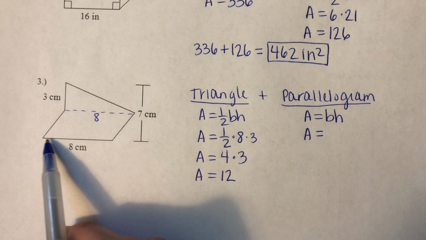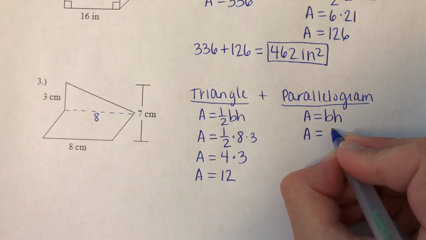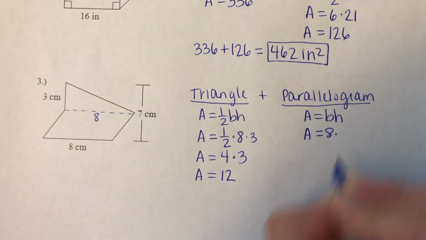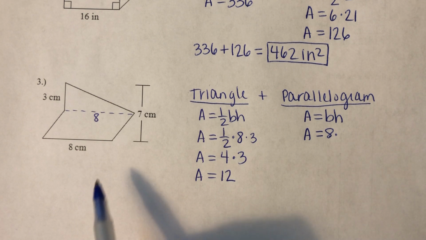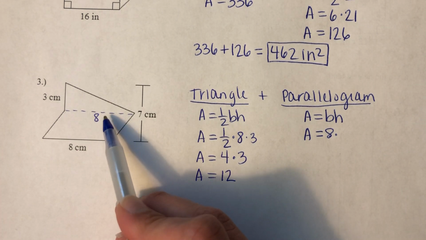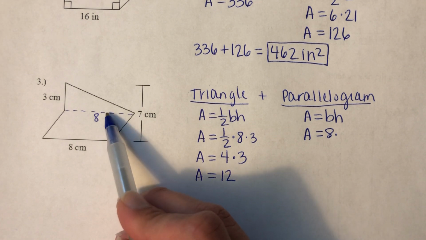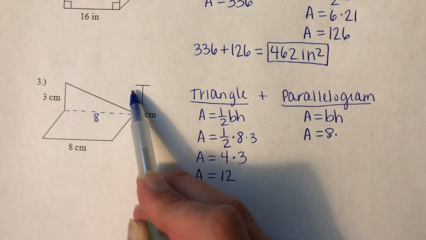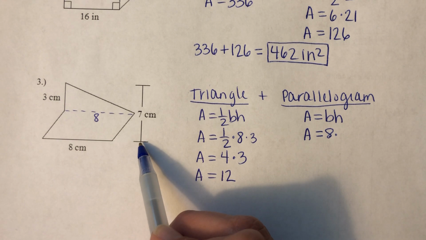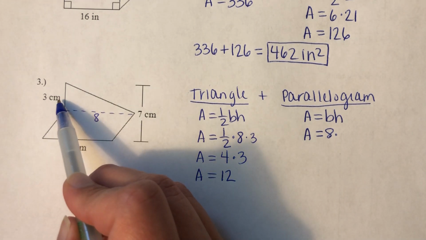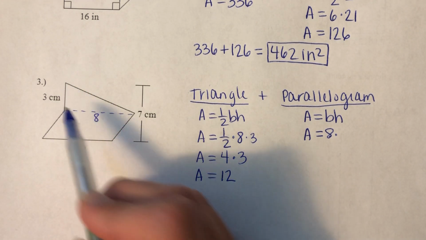Base is nice and easy to pick out. There's the 8. The height, though, is trickier. I don't see this straight up and down dimension. So I have to look for other dimensions that are also going vertical. I see this long 7, that's too big, and I see the 3, that's part of the triangle.